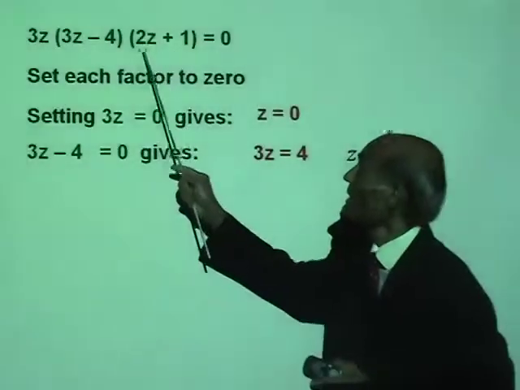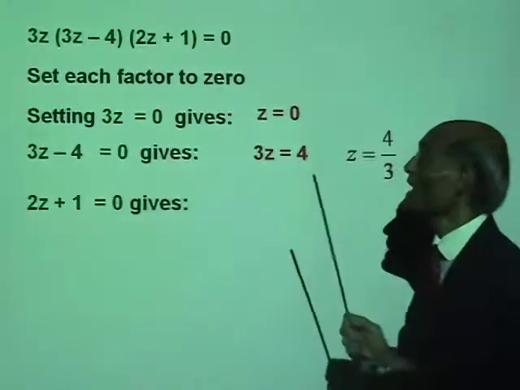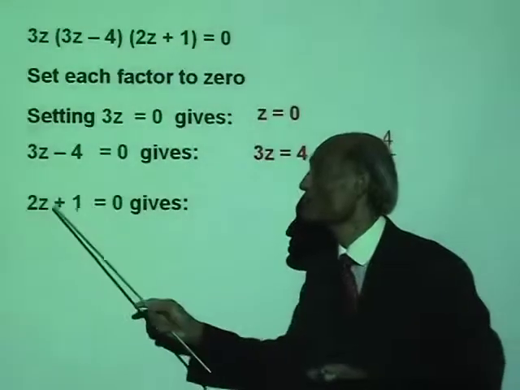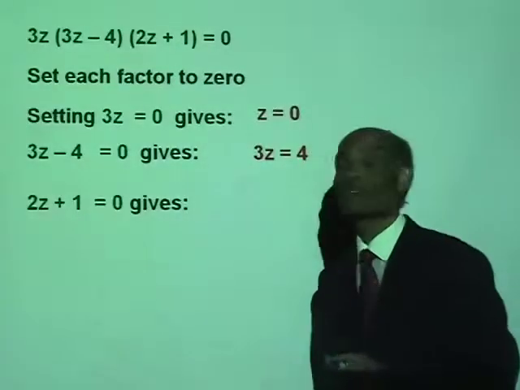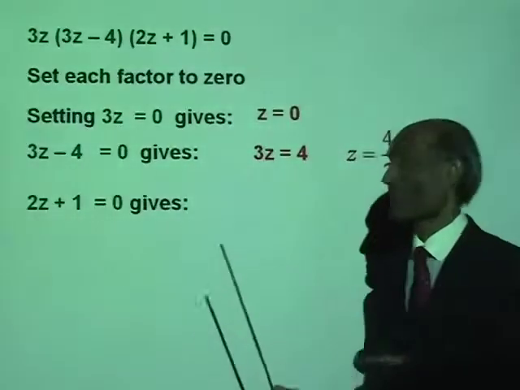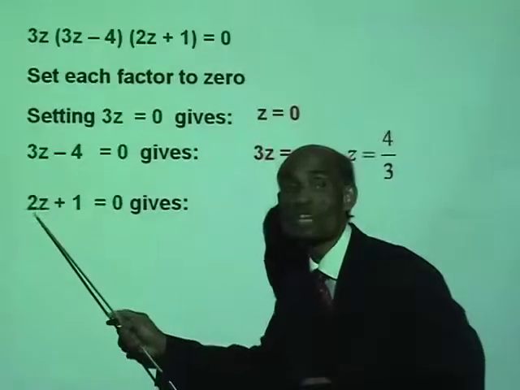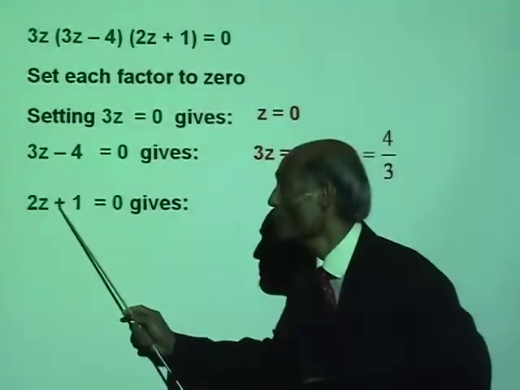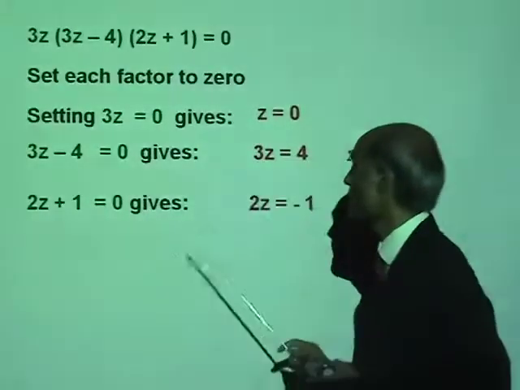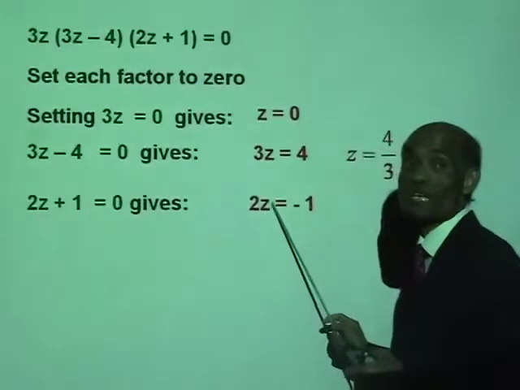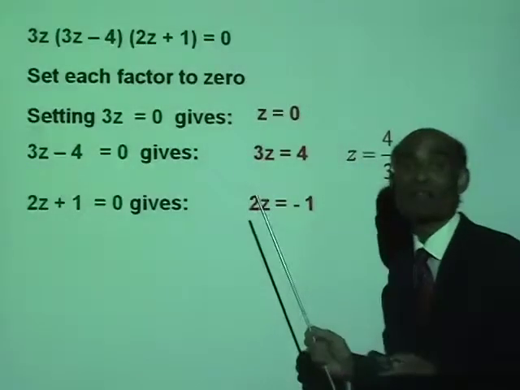Alright, now let's go and set the third factor to 0. 2z plus 1 equal to 0. Alright, can you solve for z from here? Move the positive 1 to the right, gives me 2z equal to negative 1.